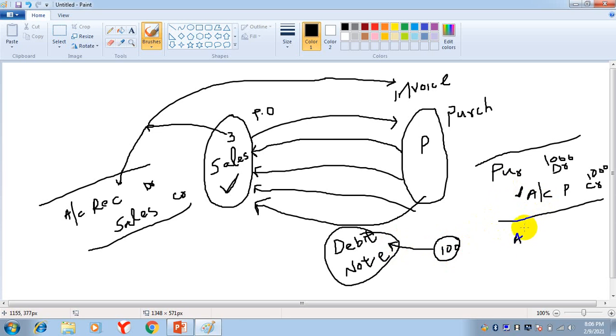This is basically a request that debit my account. See here in his books, account payable will be debited by 100 and purchase return will be credited by 100.